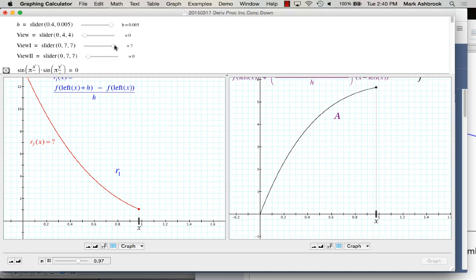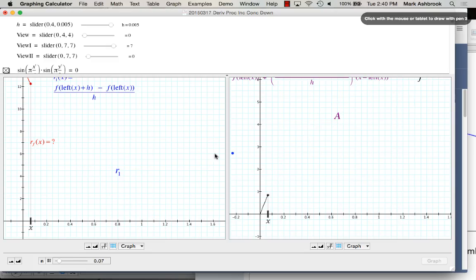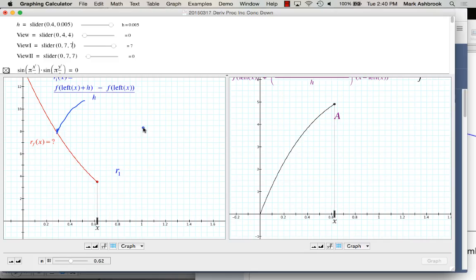Okay, so what is that, right? When h gets really small, how do we get from there to there? We want an expression for that rate of change when h is very, very small.